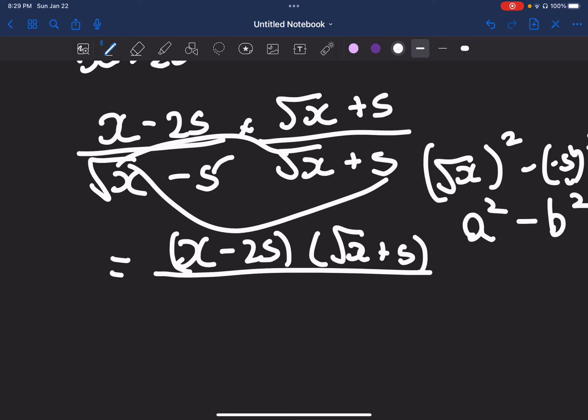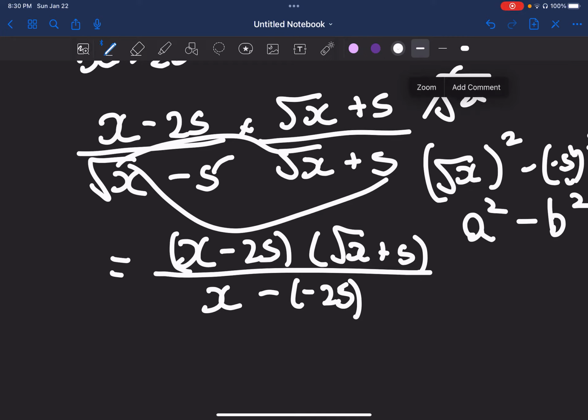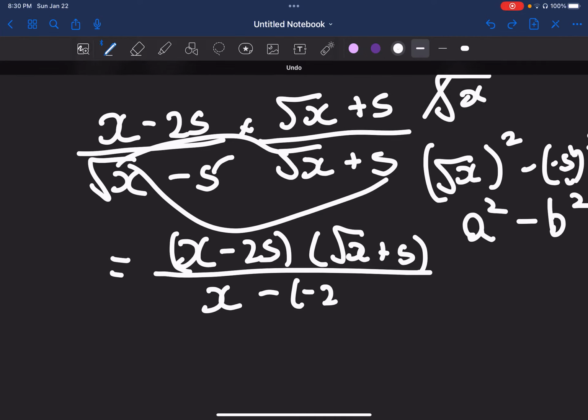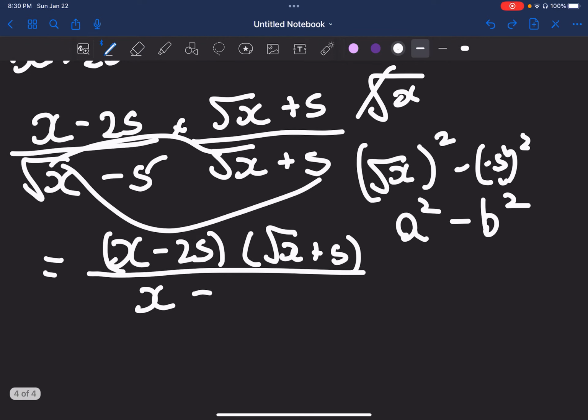So in this case, what's root x squared? That will be x, because if we have root x squared, it just cancels out. So that'll be x minus, what's minus 5 times 5? Well, it's minus 25. Sorry, I did this slightly wrong.